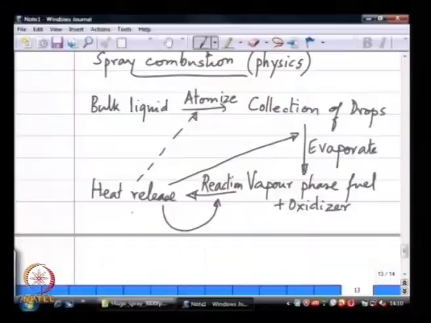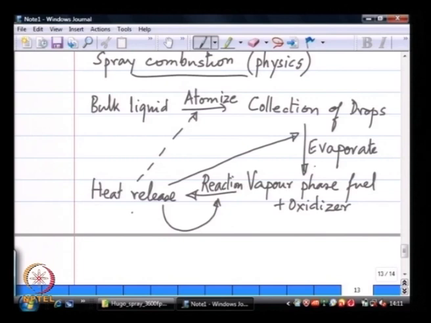Okay. Now, the atomization clearly affects evaporation through the drop size. The reaction is also affected by the evaporation rate, because if the rate of evaporation is faster, the reaction rates depend of course on the concentrations of the two reactants.